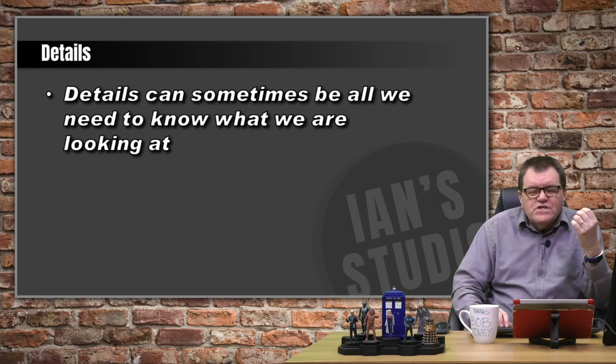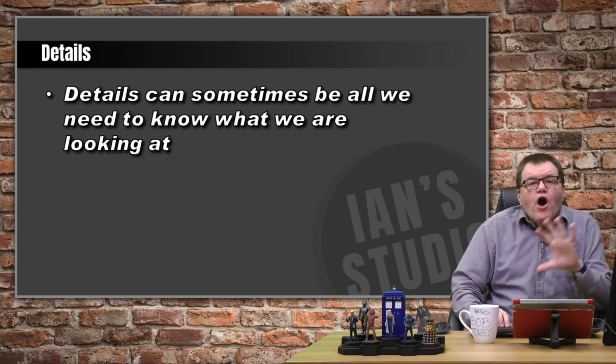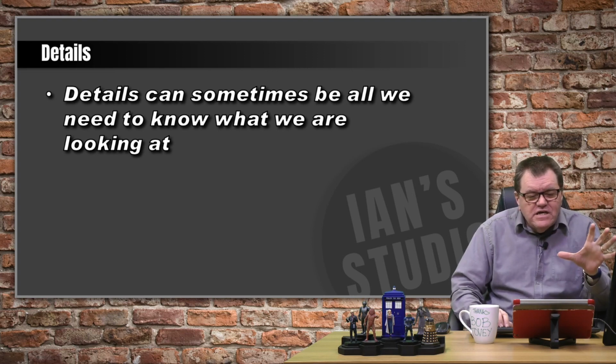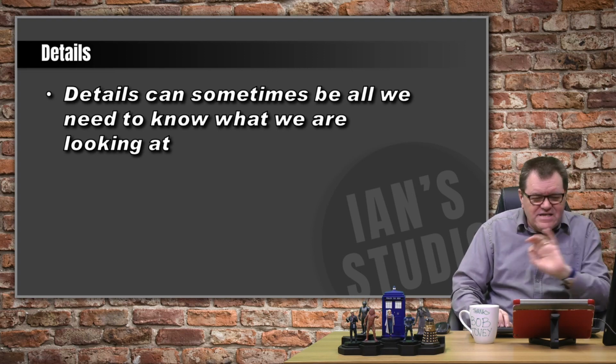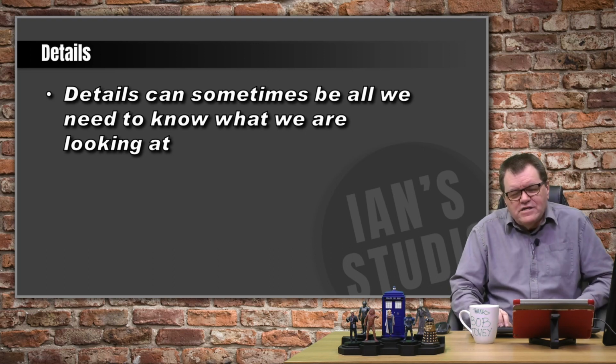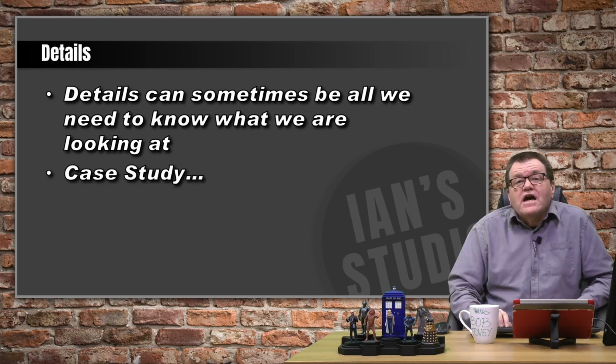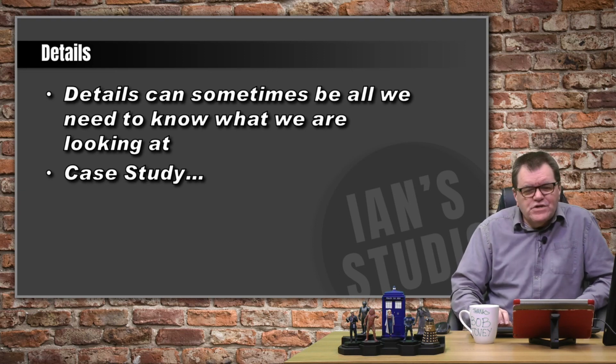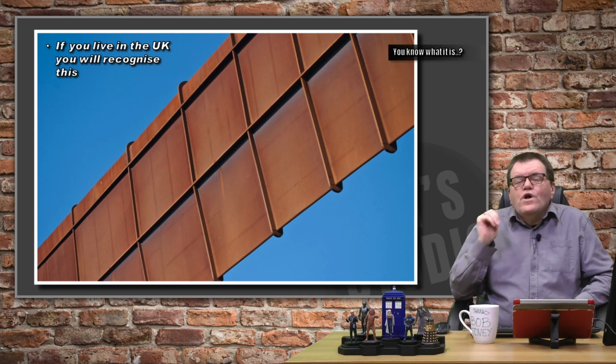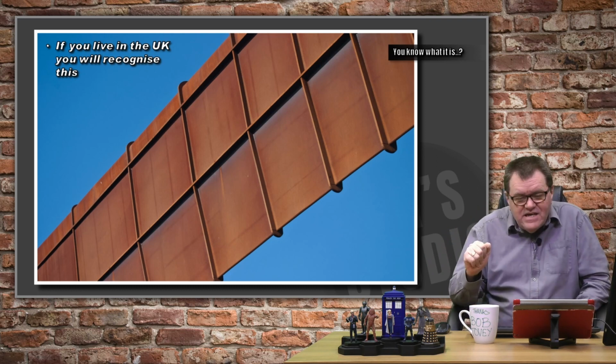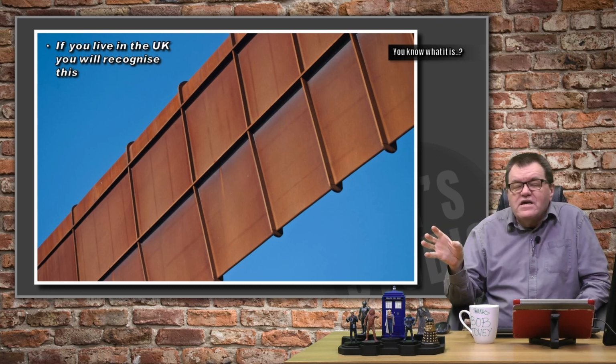Details can sometimes be the only thing that we actually need to know exactly what we're looking at. Here's another case study. Not going to name it, because you'll know what it is as soon as I put it on the screen. If you're in the UK, this is iconic. You will recognise what it is from just this small detail of it.